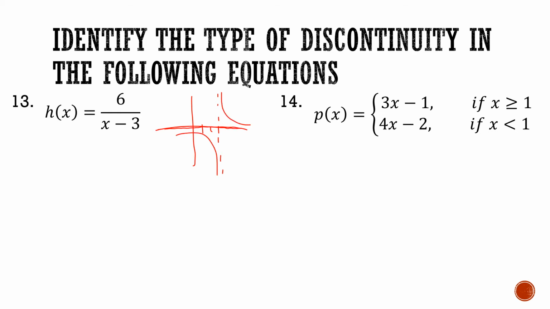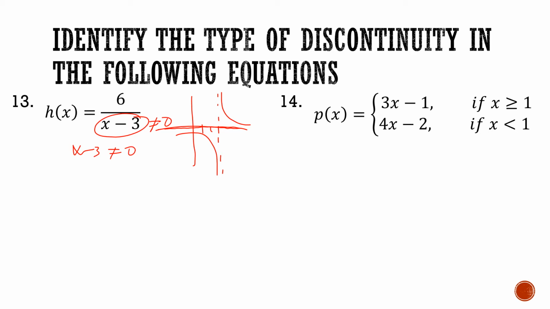All right. So again, you didn't have to sketch that out at all. The idea is that you should be able to look at this and know what it looks like and know that you have an asymptote at 3. Now, why do we have an asymptote at 3? We have an asymptote at 3 because our denominator cannot equal 0. So x minus 3 cannot equal 0.